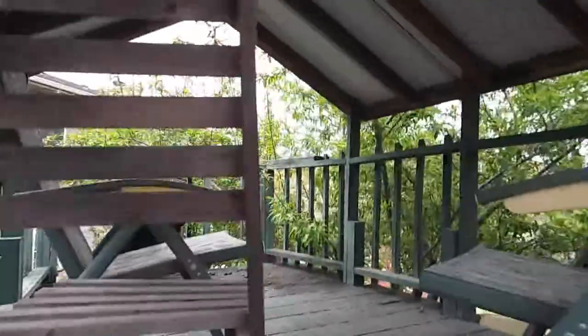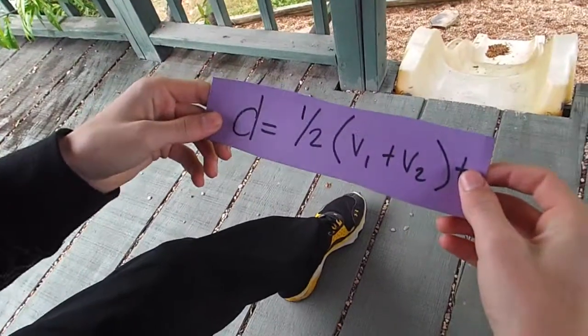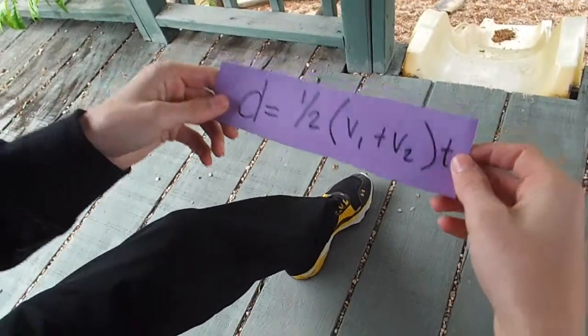Good eye, John. D equals half parenthesis V1 plus V2 in parenthesis T.